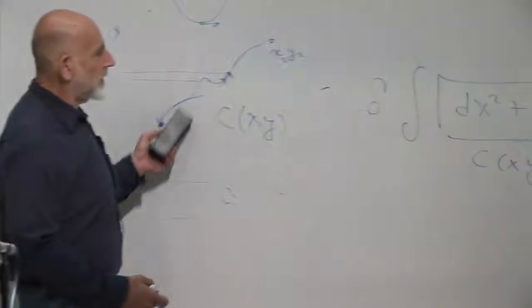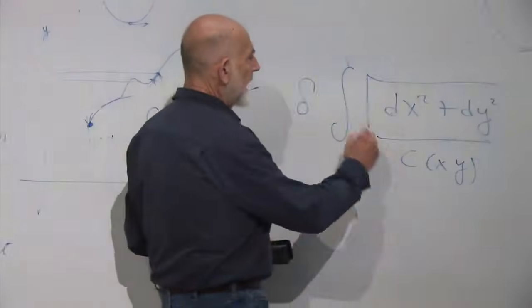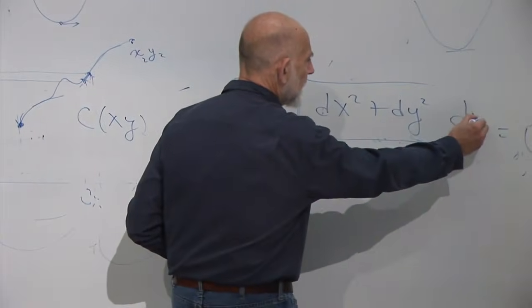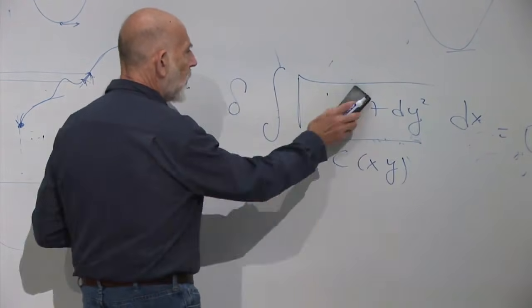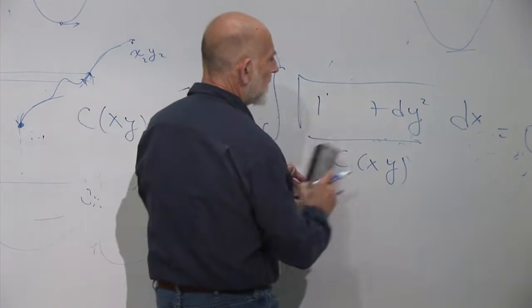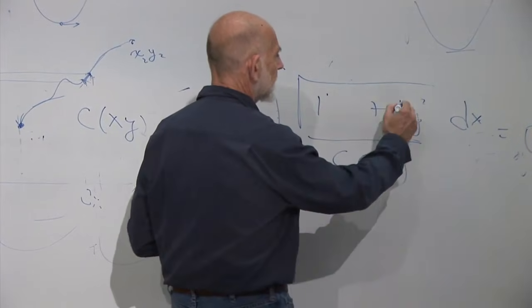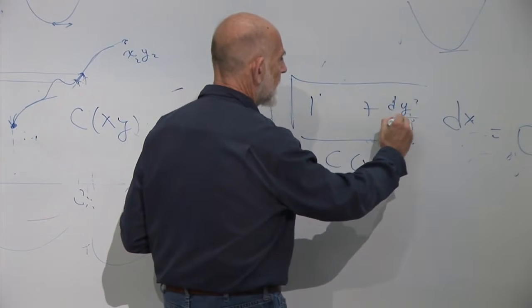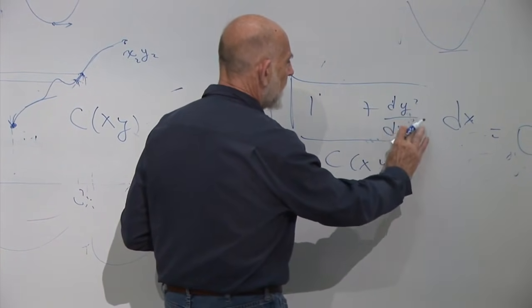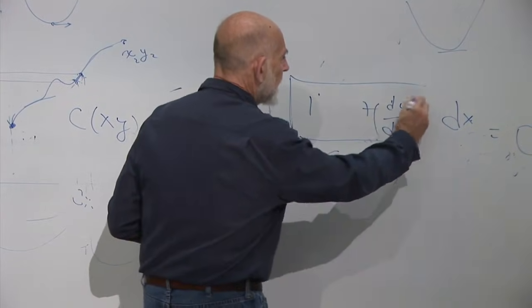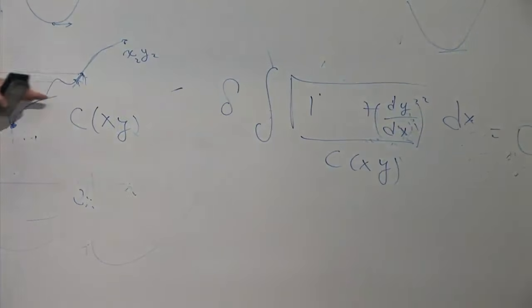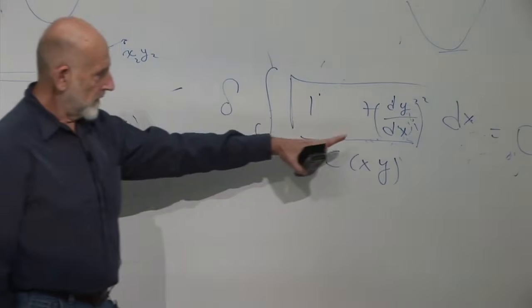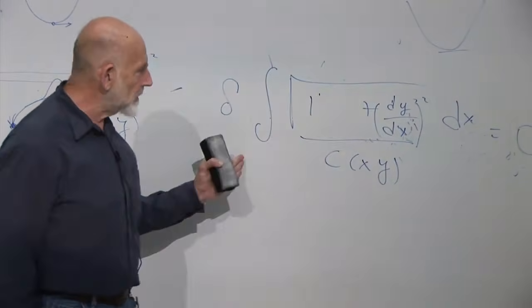We can do the same trick that we did before. Take out the factor dx and write this as 1 plus (dy/dx) squared. And now our problem is to find the function y of x which minimizes this integral.